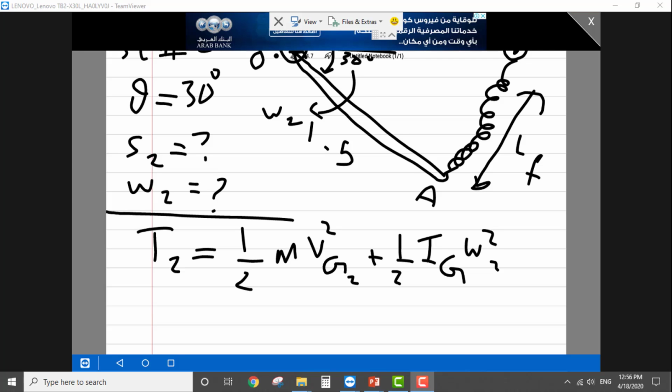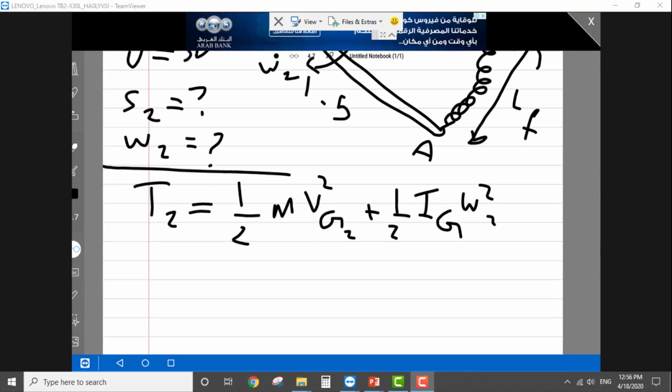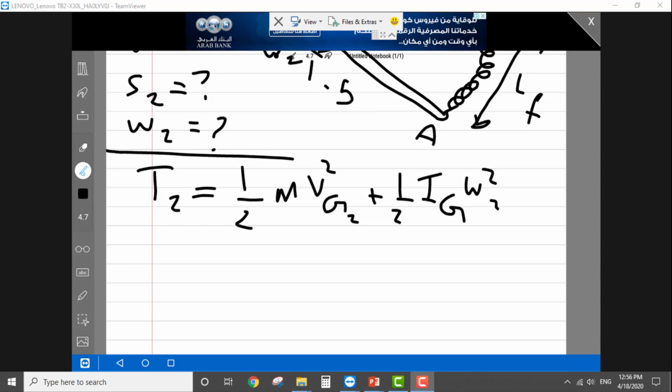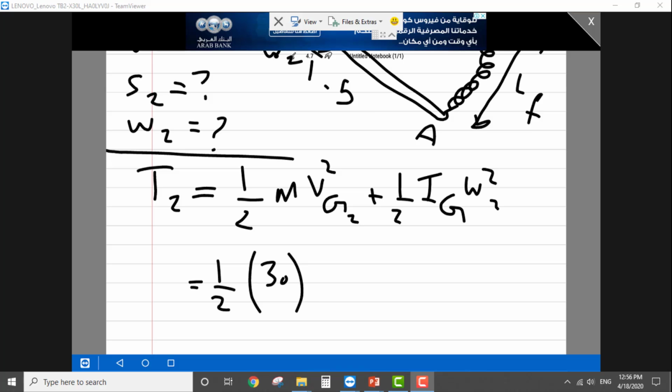This is equal to half multiplied by the mass of the rod, which is 30, multiplied by Vg.